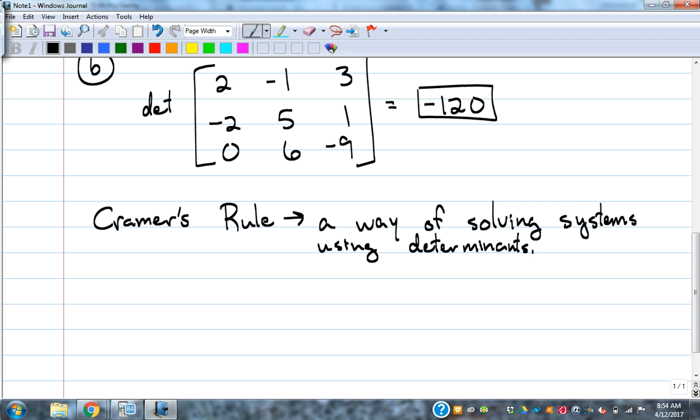If you have 2 variables like x and y, you would end up taking 3 different determinants to find the answers to that system. If you had 3 variables, you'd take 4 different determinants to find that solution. We're not going to use Cramer's rule. If you ever encounter somebody saying, hey, use Cramer's rule to solve this system of equations, remember, it's solving a system of equations, so you can use RREF. It's going to give the same solutions that they would get with Cramer's rule.